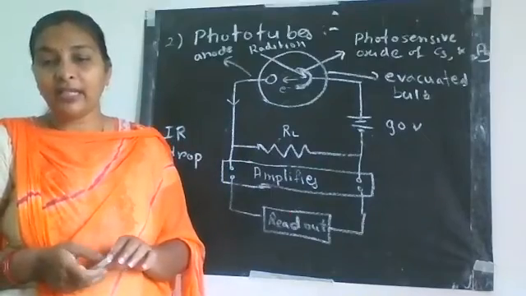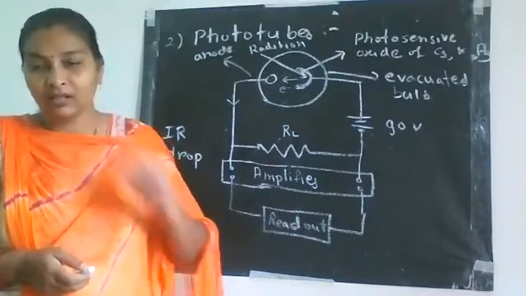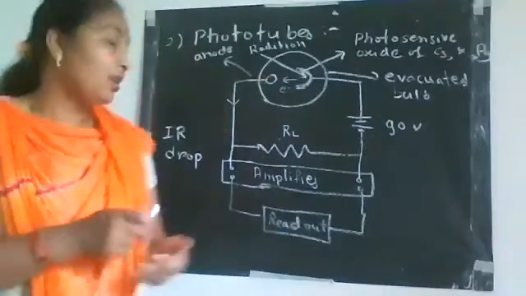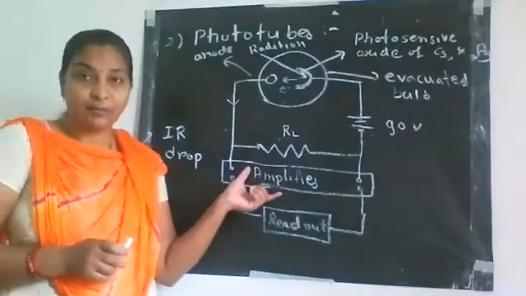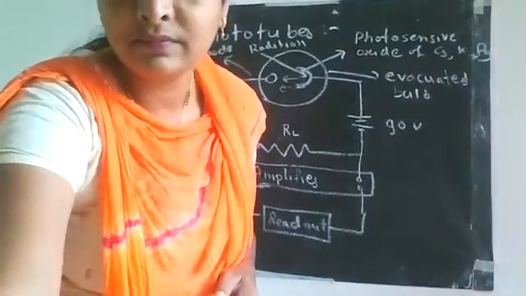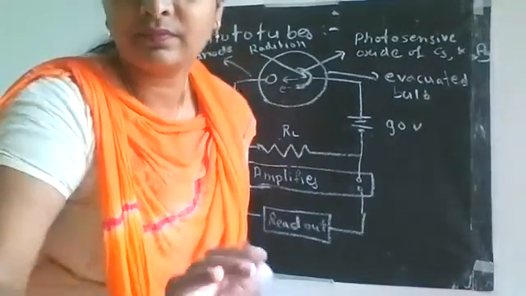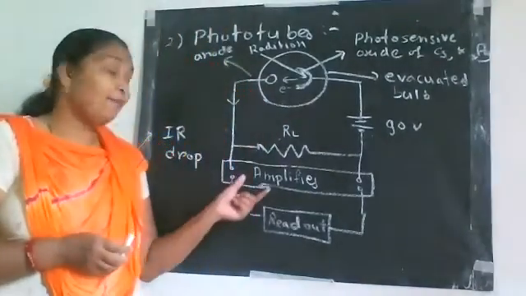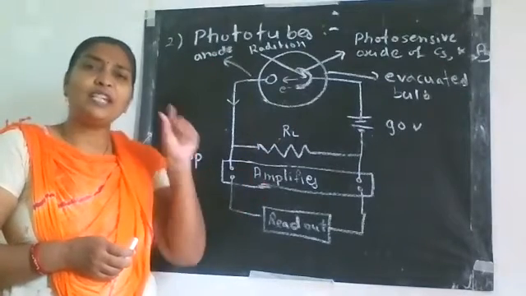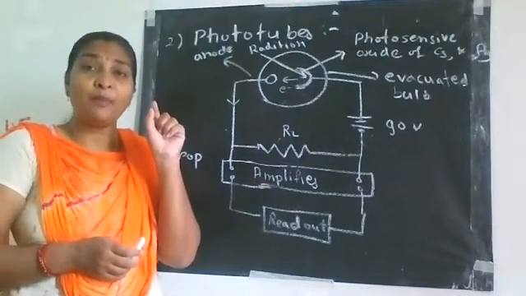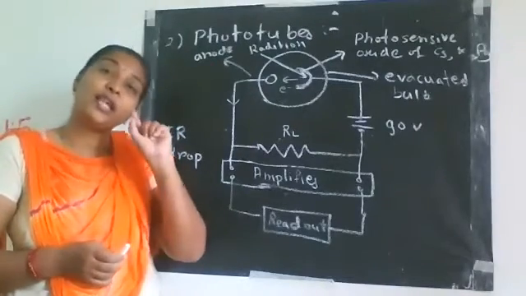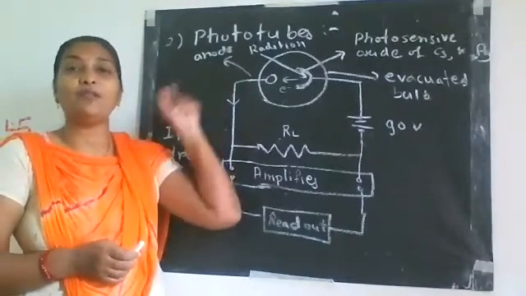Then second thing, as amplification is possible in this detector, therefore a very small amount of radiant power or very small intensity of radiations can also be measured by using the phototubes.